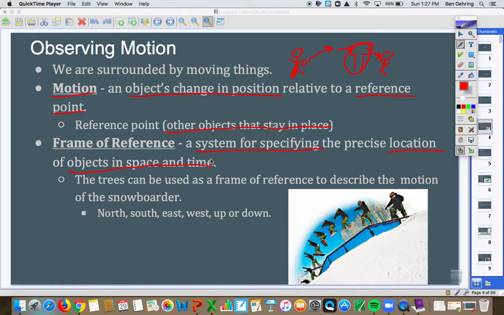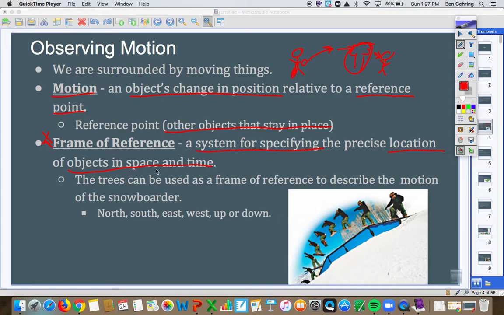That's our frame of reference. So you have a specific frame of reference, something that you're comparing a position to. Which is why if you and a friend watch the same thing happen from two different angles, you see it as happening differently, because you have different frames of reference. You have different perspectives on it, essentially.